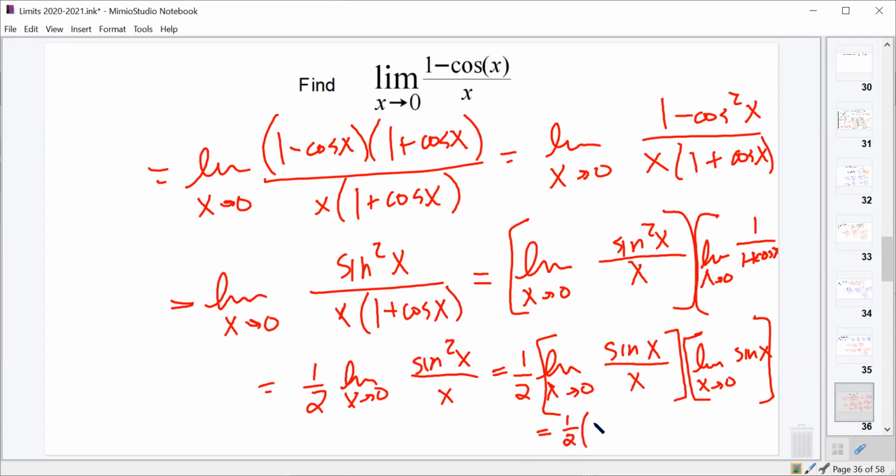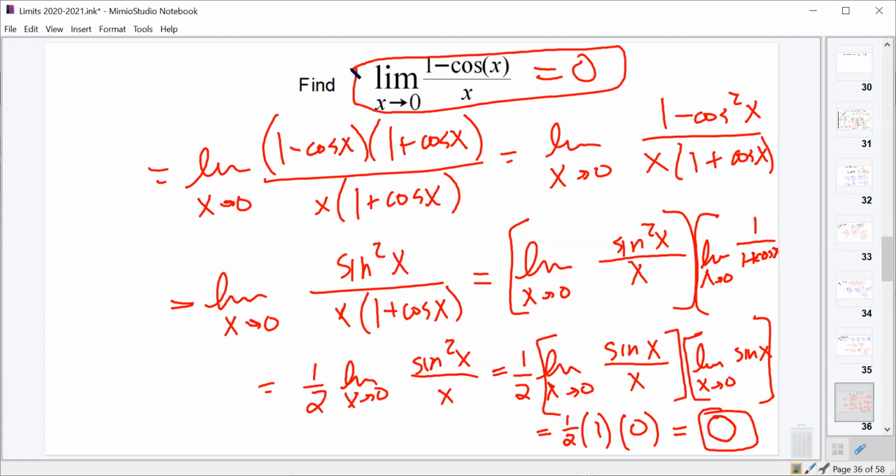Sine x over x is 1. And what about the limit as x approaches 0 of just sine x? What is that? 0. So when I multiply all these together, what do I get? 0. So this limit is 0. This is another one that you're going to want to know and have memorized. Any questions on how we got there?